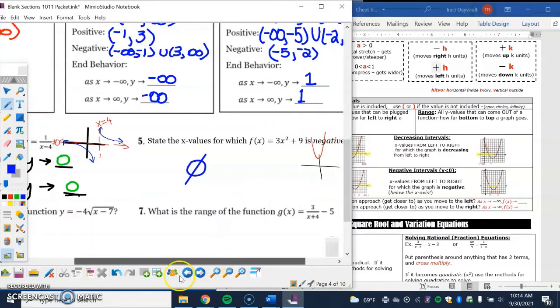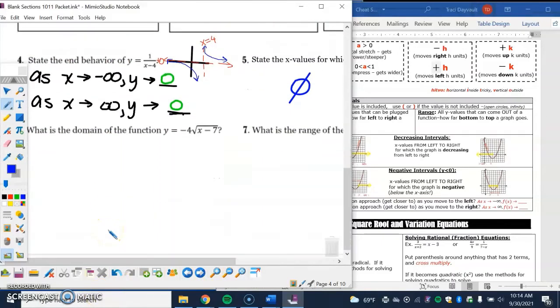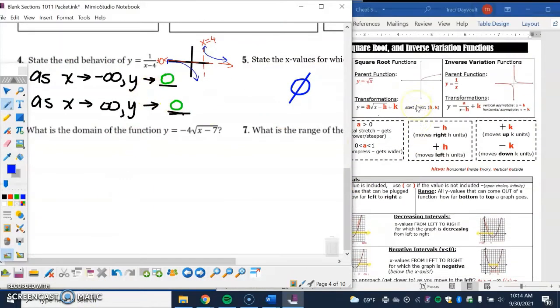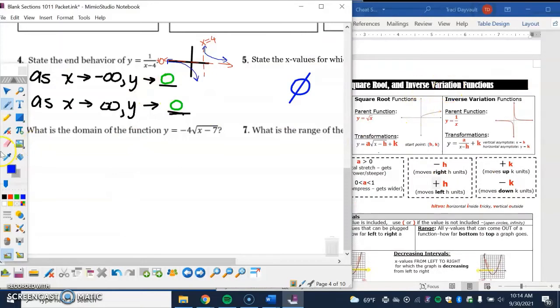Okay, the next one wants us to find the domain of this square root function without a picture of the graph. So again, we'll think about what transformations are taking place to the parent function when there's a -4 and a -7. And then we'll think about what the domain would be.